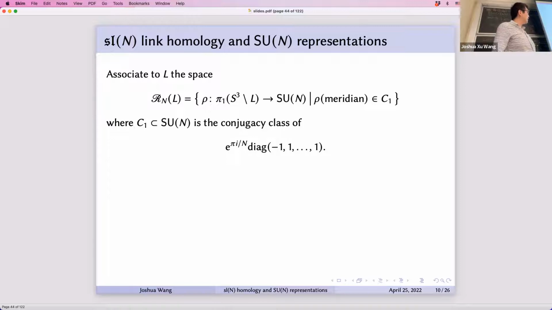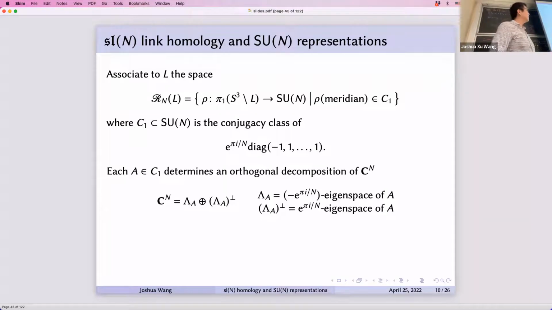Now, you can actually understand this conjugacy class quite explicitly. If you take a matrix in the conjugacy class, it's a unitary matrix, so it gives you an orthogonal decomposition of C^N. One eigenspace is the eigenspace corresponding to this -1 block, and it's just a line. It's a particular line in C^N.